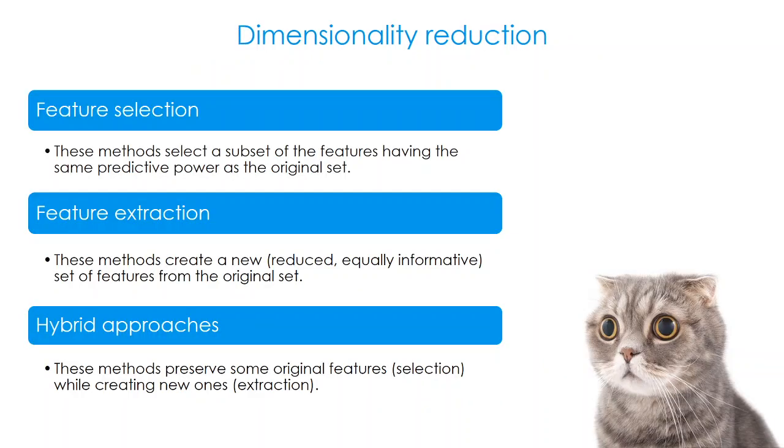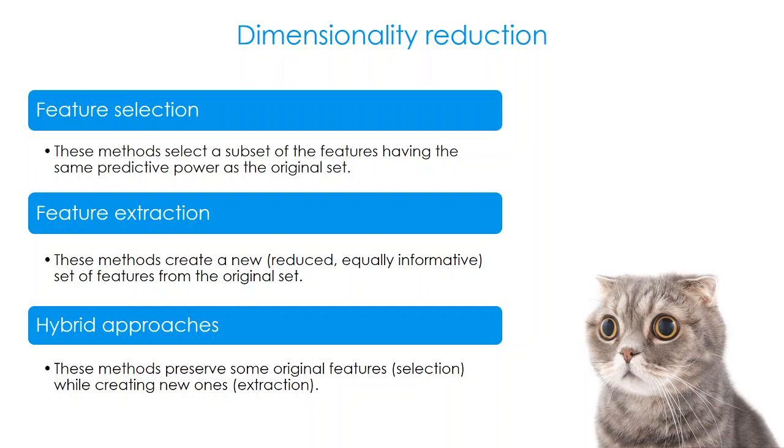So in order to reduce the dimensions, we can use several approaches. The first one is the feature selection approach. The second one is feature extraction, and the third one concerns hybrid approaches. In the case of feature selection, the idea is that we want to select a subset of features that actually describes the problem properly.